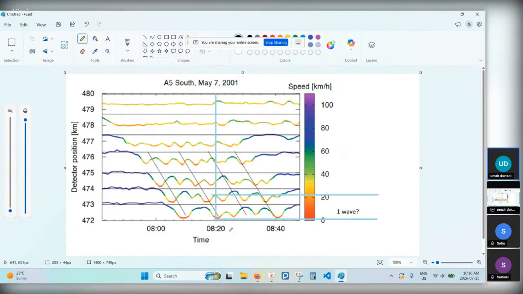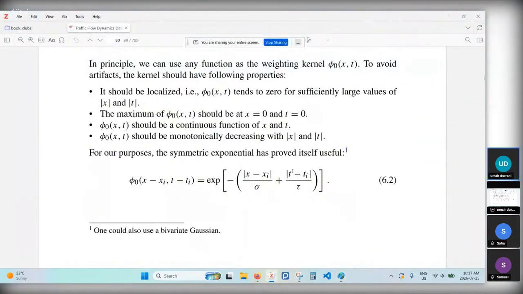In this example, the aggregation interval of the detectors is 60 seconds. So we don't know what is going to happen after 20 seconds. What we'll only get from detectors is the value after 60 seconds from 8:20, so at 8:21. But we want to know what is happening at 8:20 and 20 seconds. So when we take t, which is 8:20:21, minus ti, which is 8:20, the difference is 20 seconds.